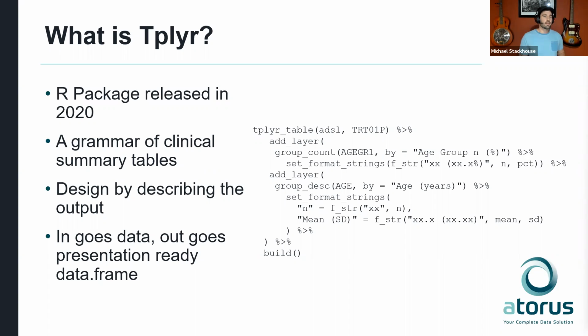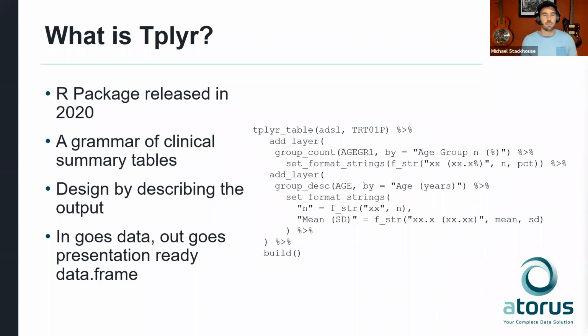The principle here is that we wanted the design of tplyr to feel like you were describing the output itself. The way that we typically receive instructions from our statisticians to create a table is in the form of a mock. The mock shows what they want the output to look like. It could just be something in a Word document that shows what the structure of the table should look like when you prepare it.